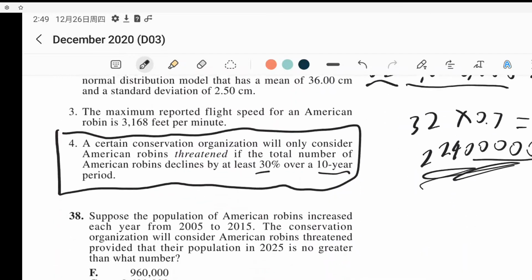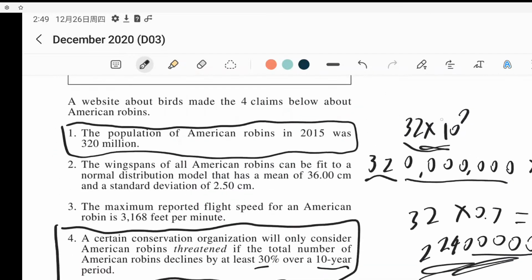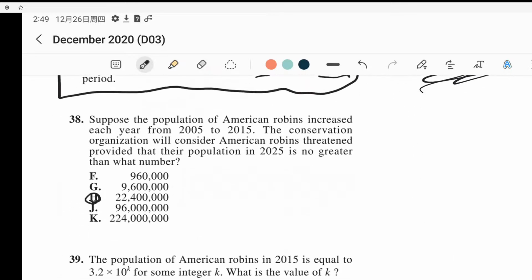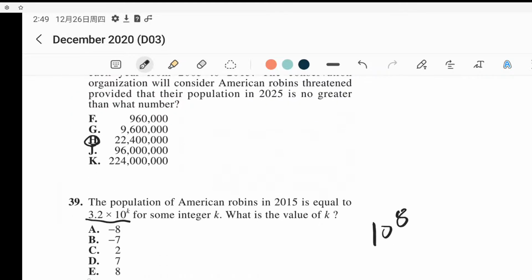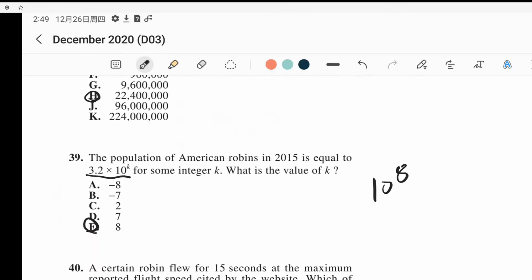This is different because we calculated 10 to the 7 times 32. But over here, it has 3.2 times 10 to the k. So this should be 10 to the 8th, which we found earlier. We found 7, but we can add 1 because the decimal decreased again. So we can write this as 3.2 times 10 to the 8th power.